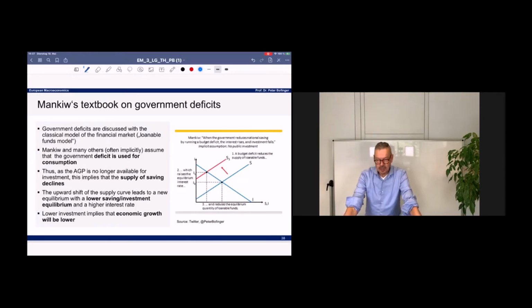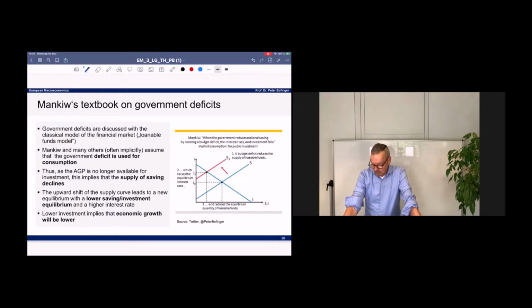And so if the government takes away the all-purpose good from the households, they have less of the all-purpose good to supply on the financial market. That's really the idea. It's not really explained how the government actually takes the funds from the private households.